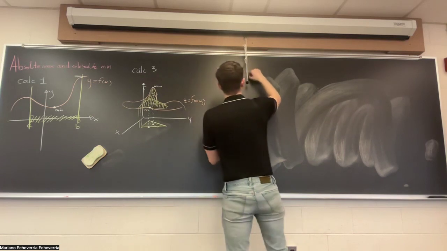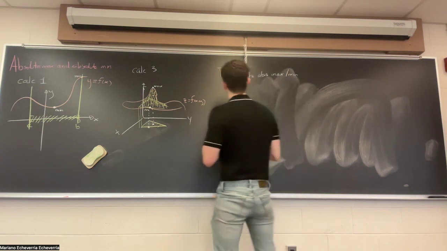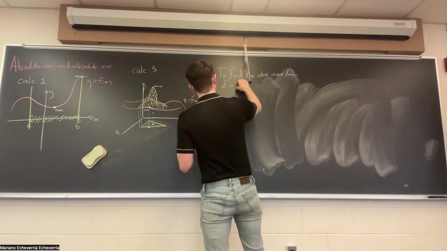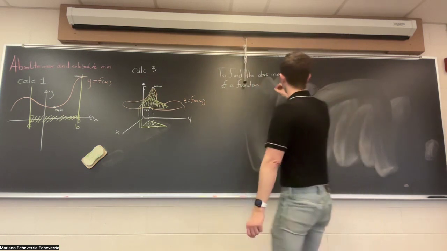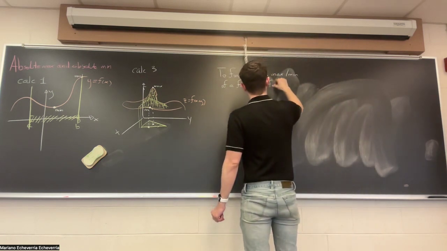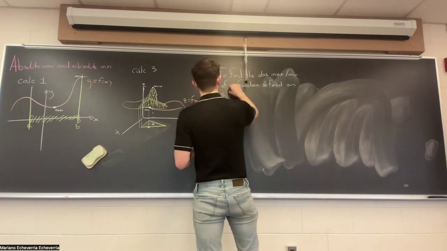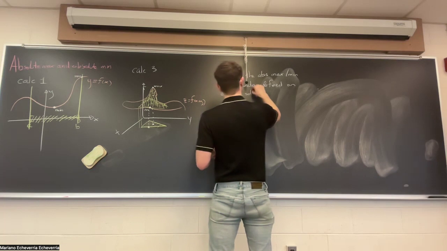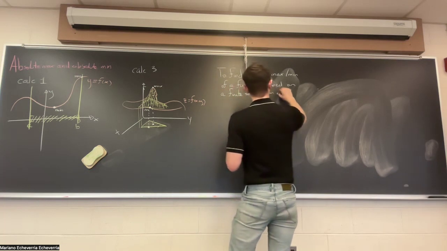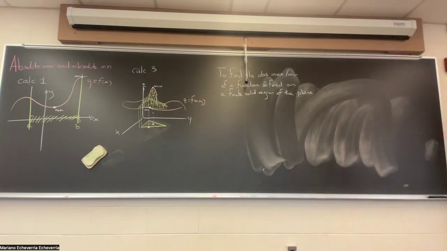to find the absolute max and min of a function defined on a solid finite region of the plane, there are basically two things that you have to do.